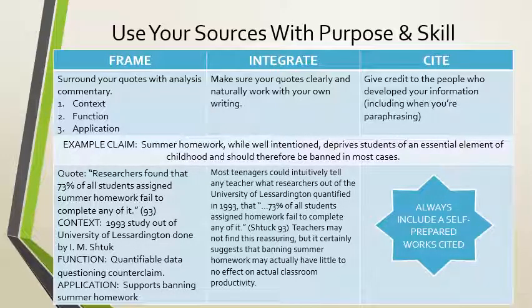But then the last step of that is that you have to include a self-prepared works cited. It's not enough to just give credit within your text. The expectation is, once we get to something as complex as coming up with new and arguable and original claims and bringing in evidence from multiple sources where you've drawn connections and done all of that, that you simply must include a works cited.